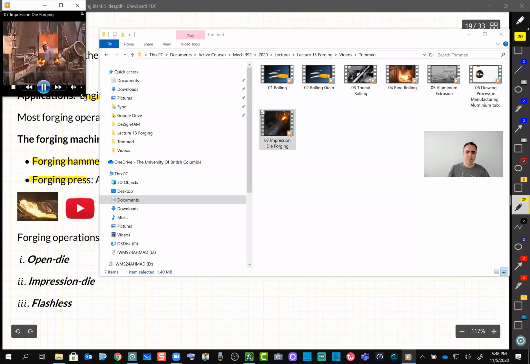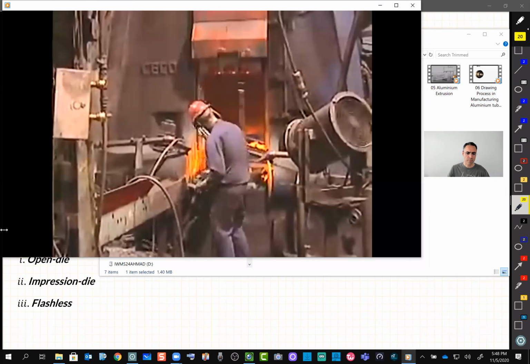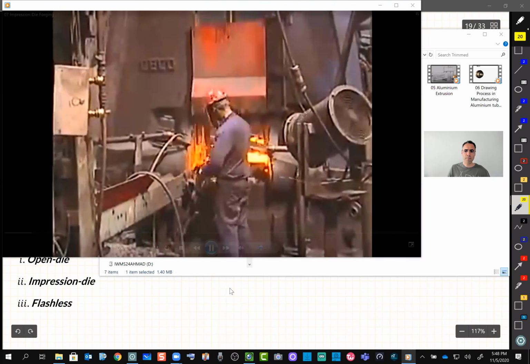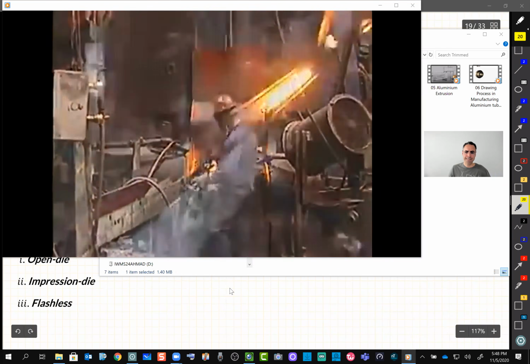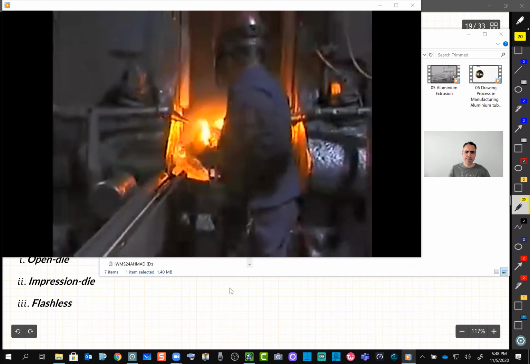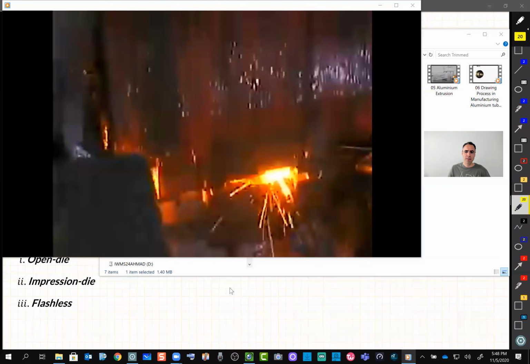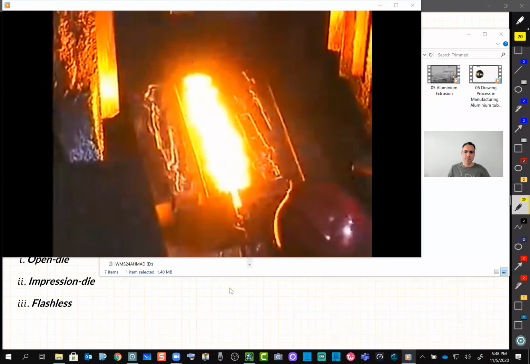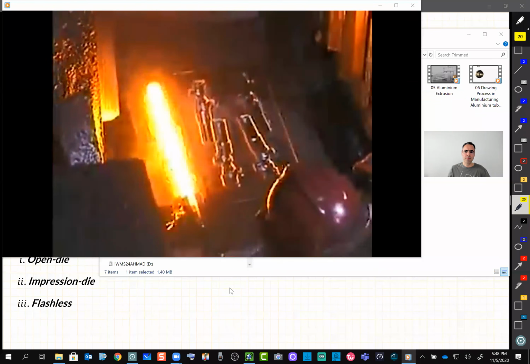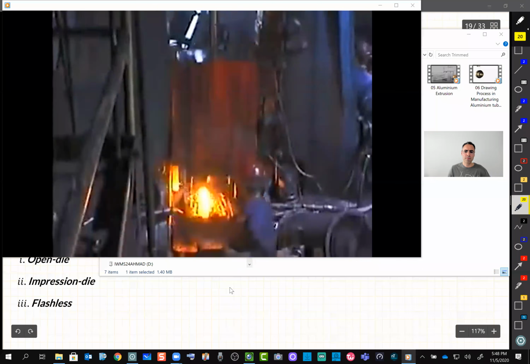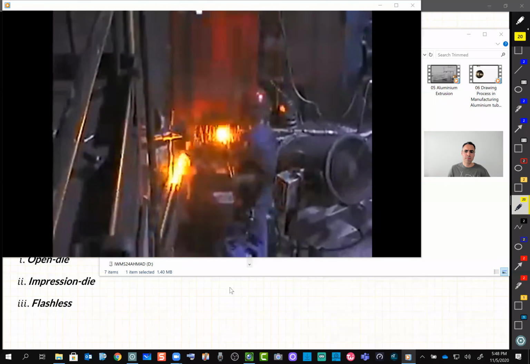Impression die forging accounts for the vast majority of all commercial forging production. The name comes from the specially fabricated impressions in the matched dies themselves. Although open die forging takes the honors when it comes to maximum customization, impression die results are within closer dimensional tolerances.